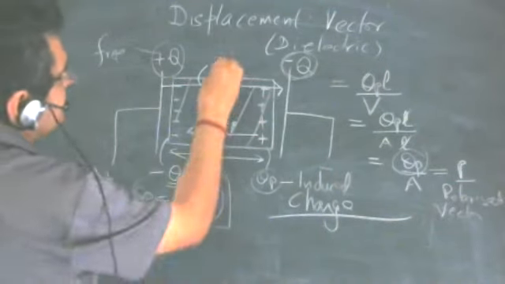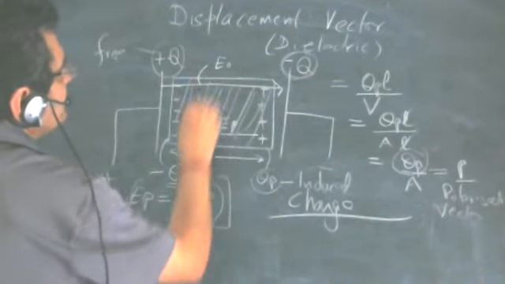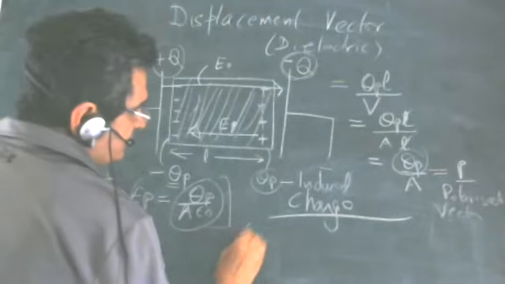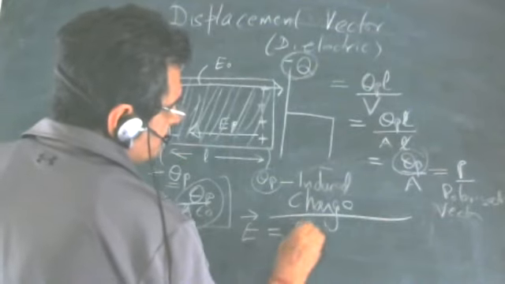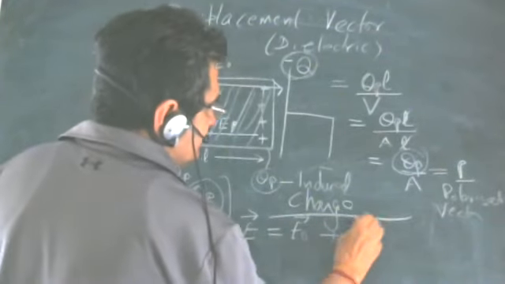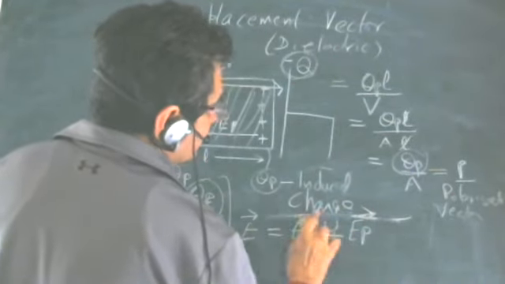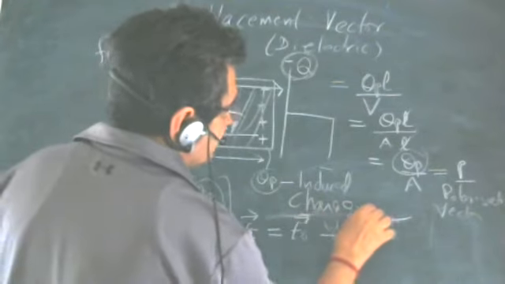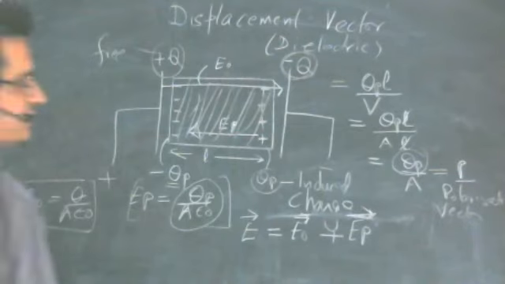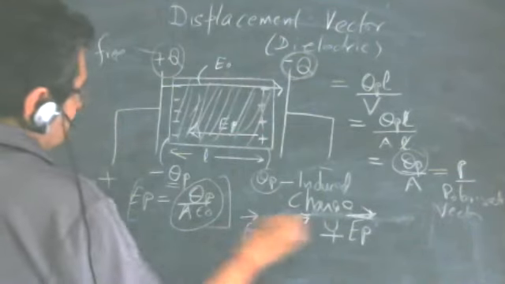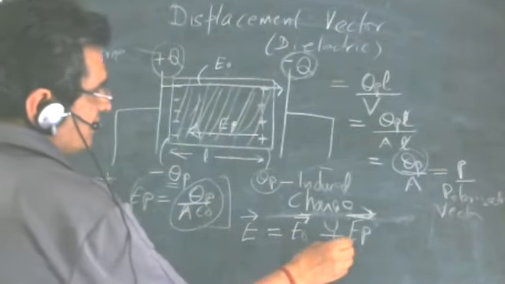Now, what is the resultant electric field inside the dielectric because of the combined effect of E0 and EP? If we write in vector form, E vector is equal to E0 vector plus EP vector. When I say I am writing in vector form, it means when I place the value, I have to take into consideration the sign. The value of EP is QP upon A epsilon0, with the sign.